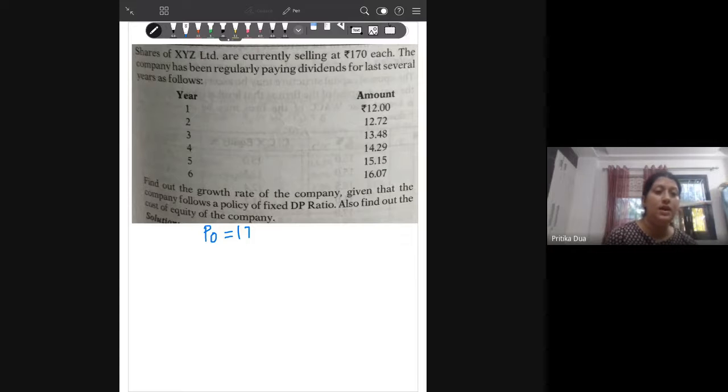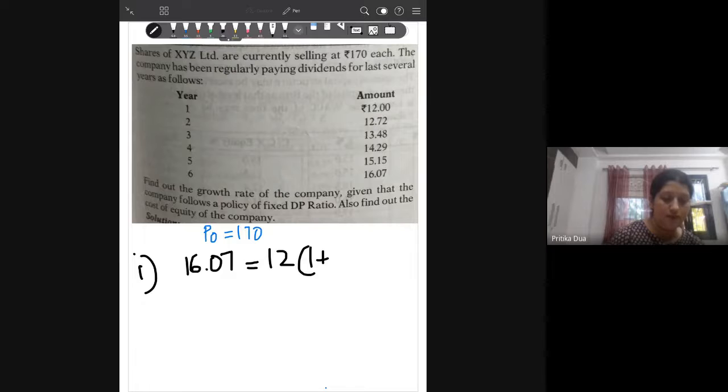So what we can do is that at a particular growth rate, the dividend has grown from rupees 12 to 16.07. So the calculation of growth rate can be done like this.